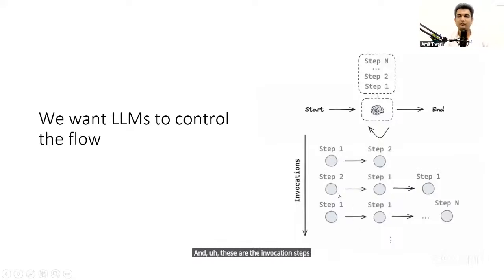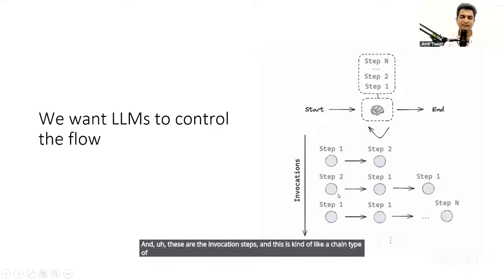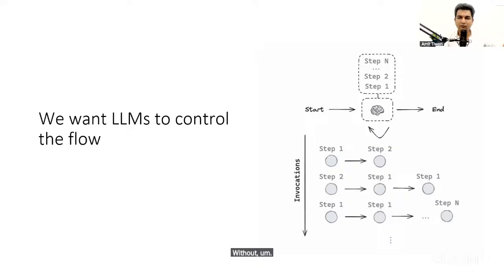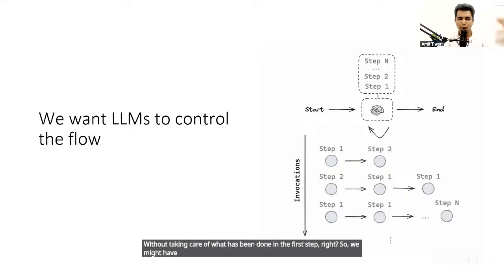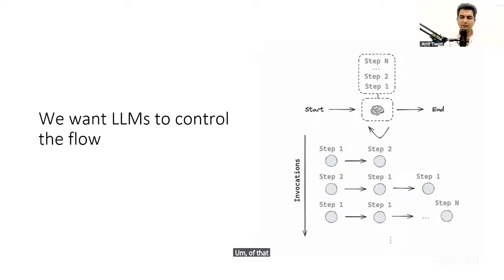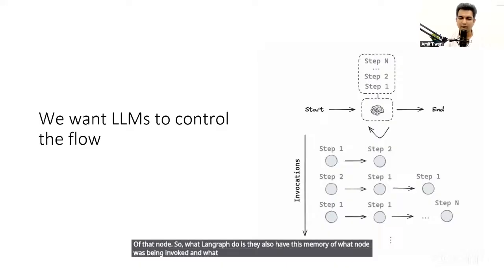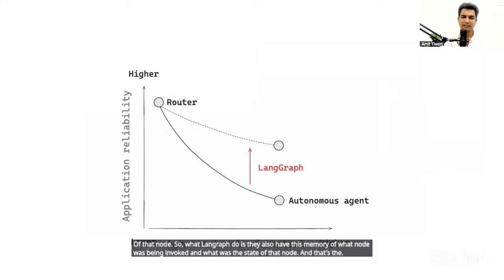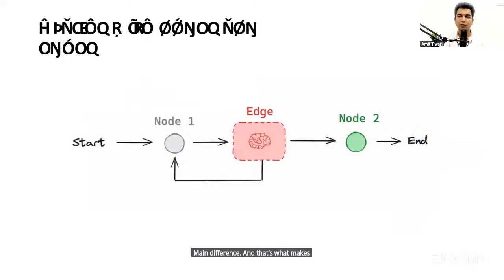In a chain type of architecture, after one step we go to another step without taking care of what has been done in the first step. We might have some output that we are moving along, but we are not keeping the state in mind. What is the state of that node? LangGraph also has this memory of what node was invoked and what the state of that node was. That's the main difference, and that's what makes LangGraphs more powerful than LangChains.